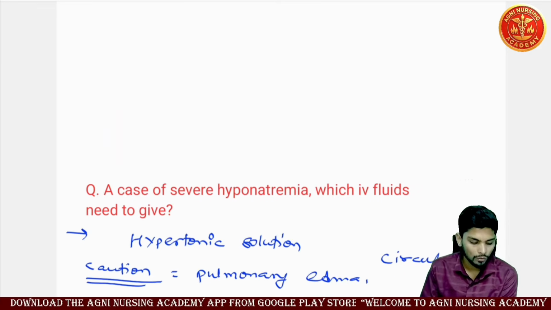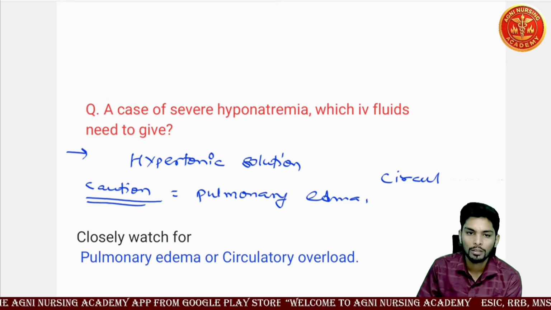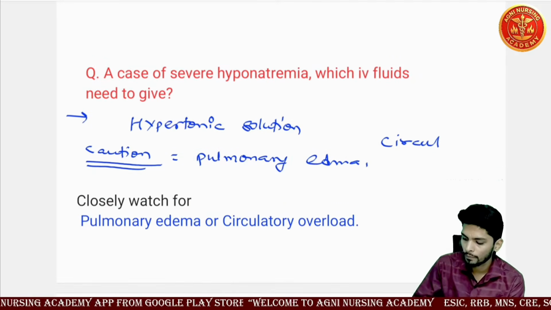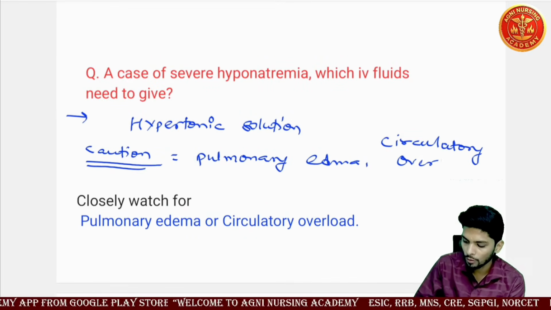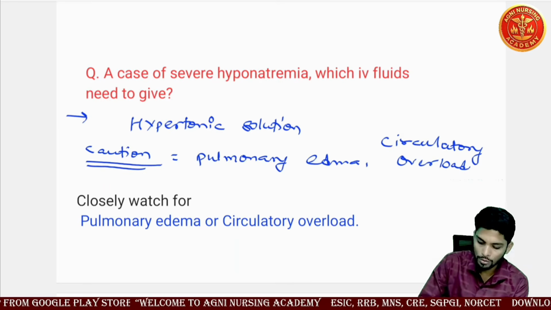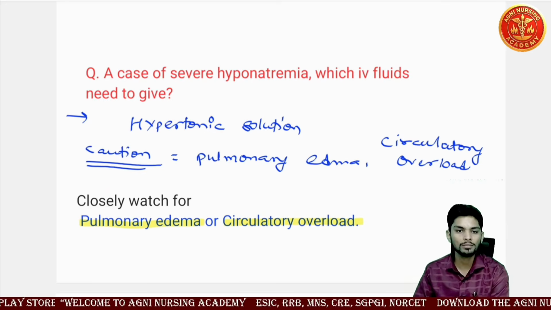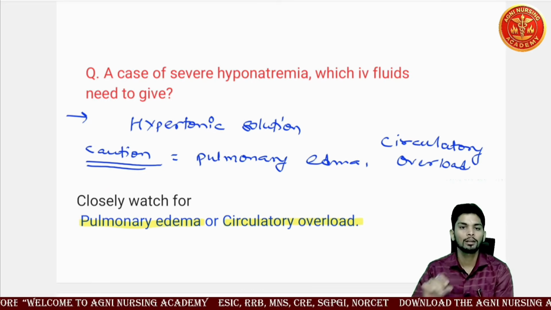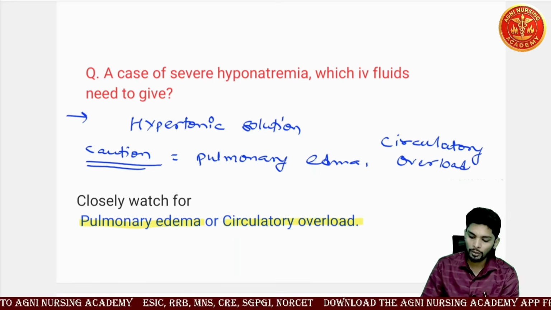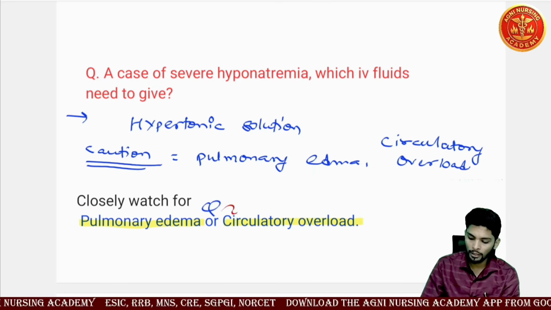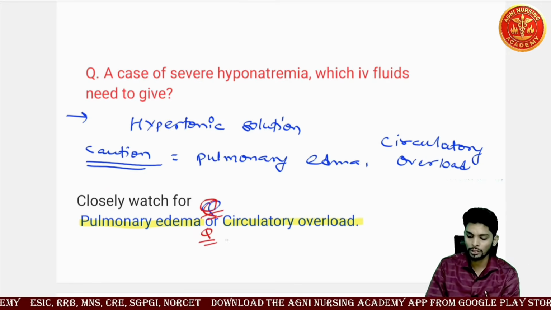So while giving hypertonic solutions, we have to take care of pulmonary edema and circulatory overload. These conditions we have to closely monitor. Again, this one will be an exam question.